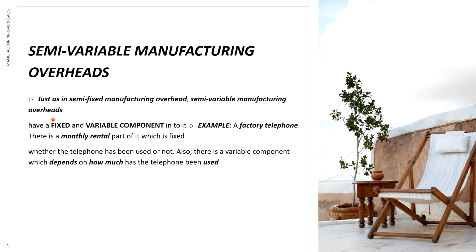So with this one, just as in semi-fixed manufacturing overhead, semi-variable manufacturing overhead have a fixed and a variable component. For example, a factory telephone, there is a monthly rental part of it which is fixed, whether the telephone has been used or not. Also, there's a variable component which depends on how much the telephone has been used, right?